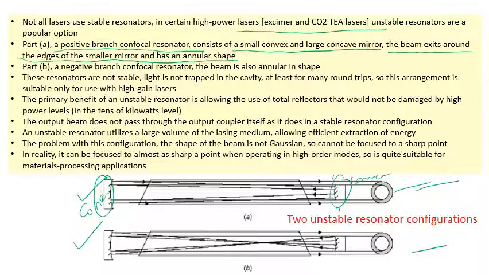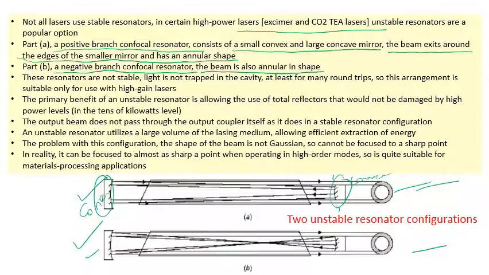Okay. Part B, this one, it's using two concave mirrors. Okay. A negative branch confocal resonator. So the beam is also annular in shape. So what exactly is happening here?